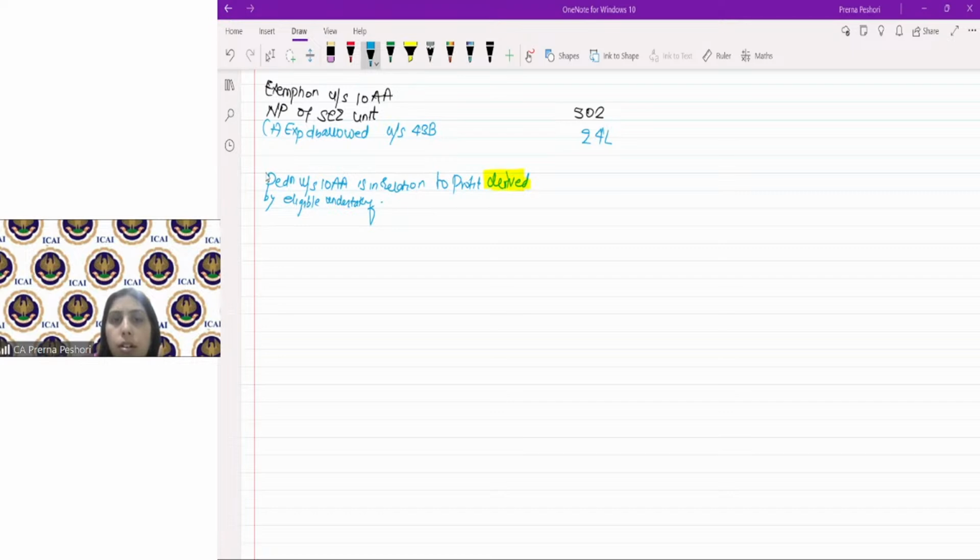So, again, understand this particular point. The Supreme Court in Meghalaya Steel Limited had interpreted this term derived by, and it held that there has to be a direct nexus between the profits and gains of the undertaking or business and the receipt you are talking about.